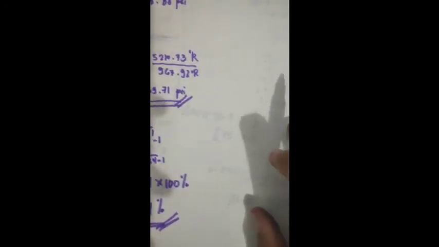So the last one is finding the mean pressure. Here you will get the mean pressure by using this formula: E is equal to work over Q. So you have to find the work.